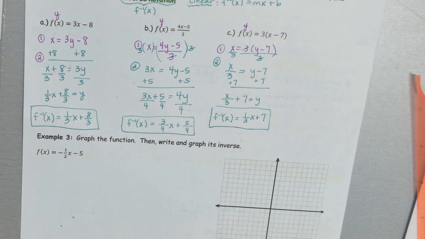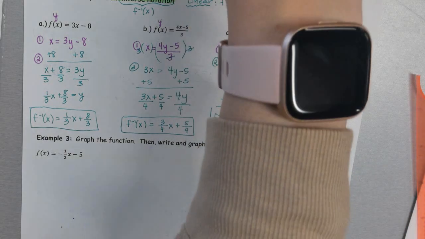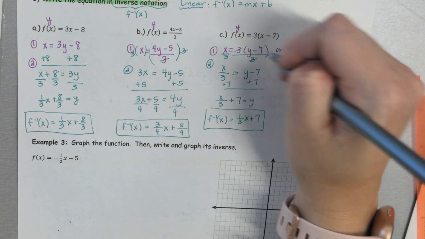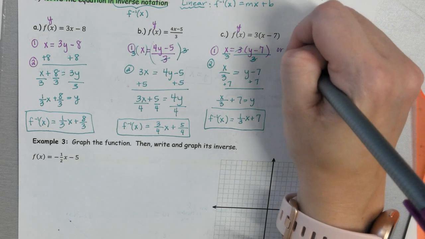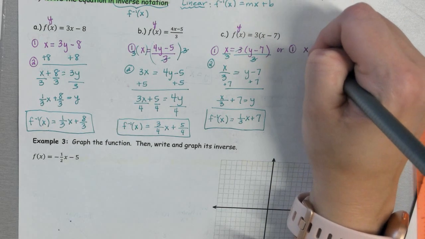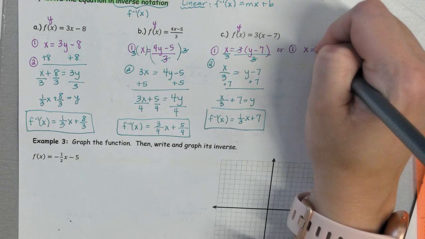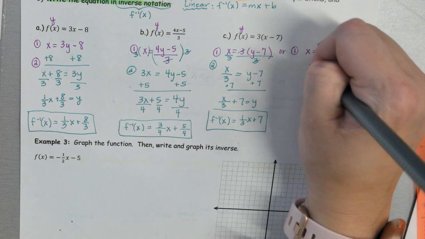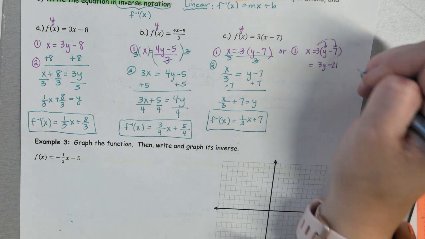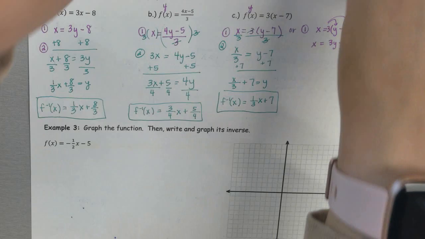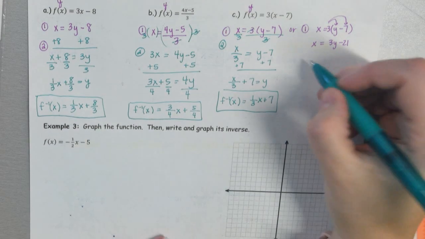And then the other way you could do it, which I'm sure many of you did, is what did you do once you got to your first step? Okay, yeah, you could distribute the 3. So you have 3 times y minus 7, which would give you 3y minus 21 equals x. And then just solve for y. So you're going to add 21 to both sides.